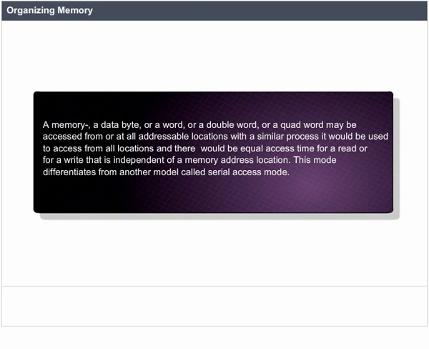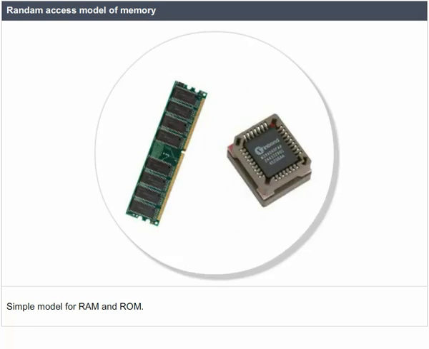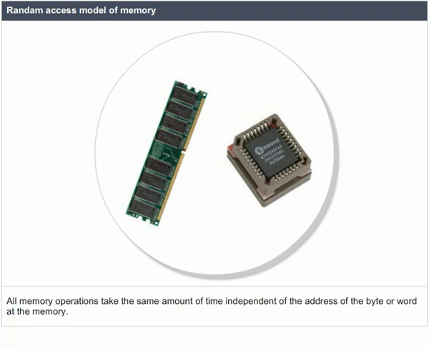This mode differentiates from another model called serial access mode. Random access model of memory. Simple model for RAM and ROM. Both have random access model of memory. All memory operations take the same amount of time independent of the address of the byte or word in the memory.